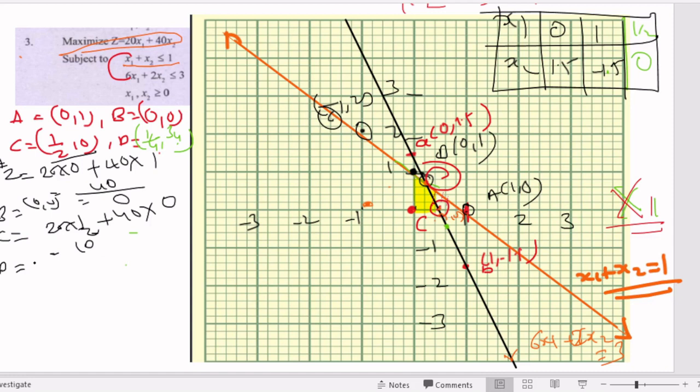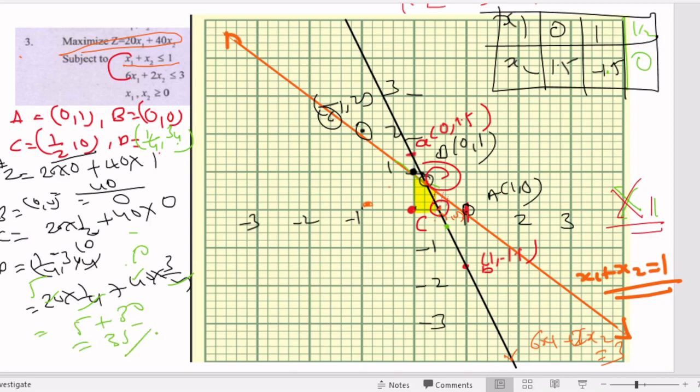Let's see at D. D is what? 1 by 4, 3 by 4. Let's substitute 20 into 1 by 4, 40 into 3 by 4. Let's do some cancellation. So 4 fives are 20, 4 tens are 40. After solving, 5 plus 30, the answer is 35.